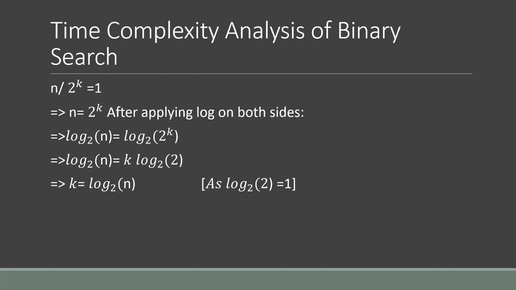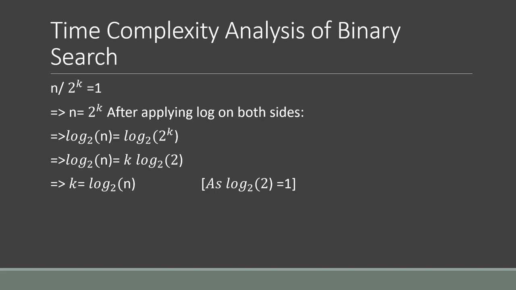we have log base 2 of n equals log base 2 of 2 to the power k, which implies log base 2 of n equals k multiplied by log base 2 of 2. Since log base 2 of 2 equals 1 as per the basic logarithmic formula, we can say k multiplied by 1 results in k.